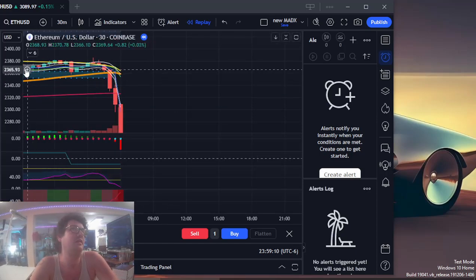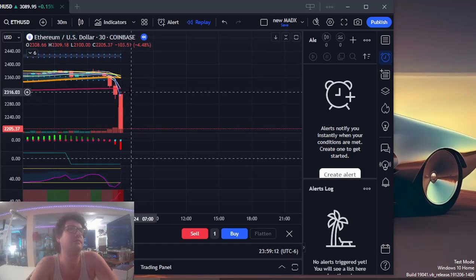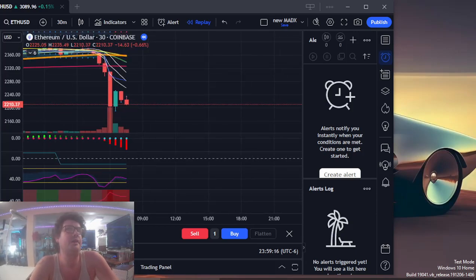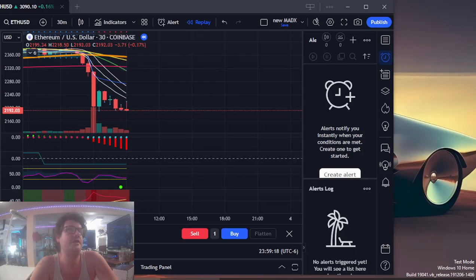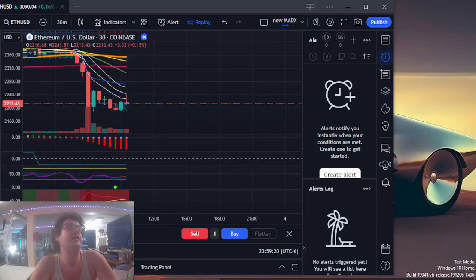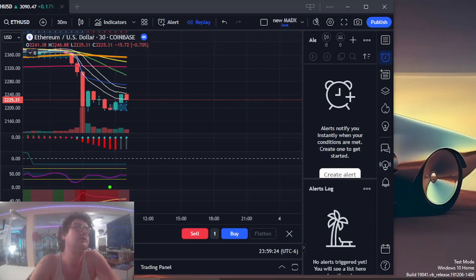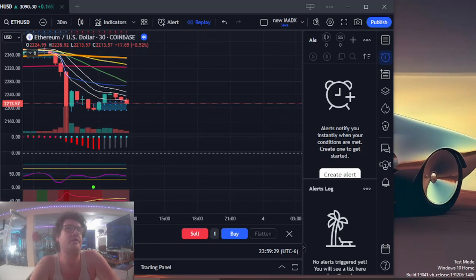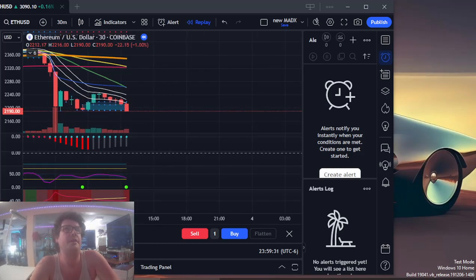That's just how it goes. There are strategies you can build around passing through moving averages, because that can be a very powerful sign. If something effortlessly goes through a major moving average, that can be a real sign of momentum.